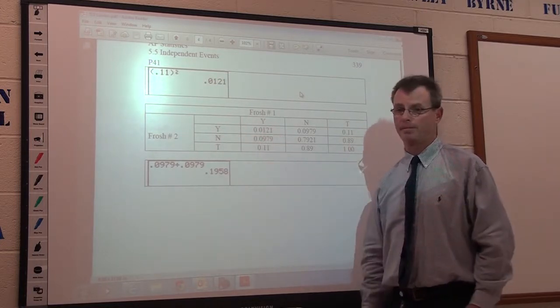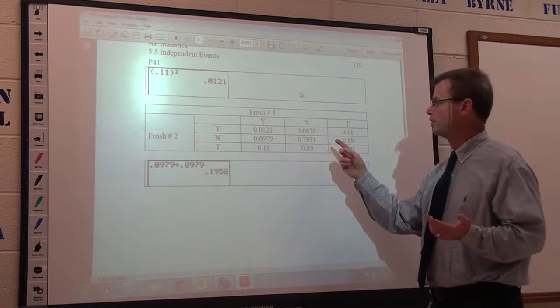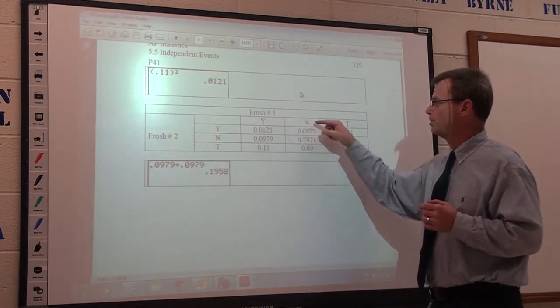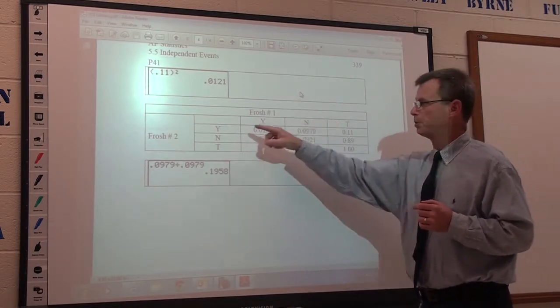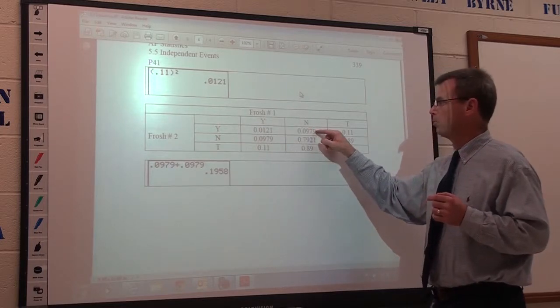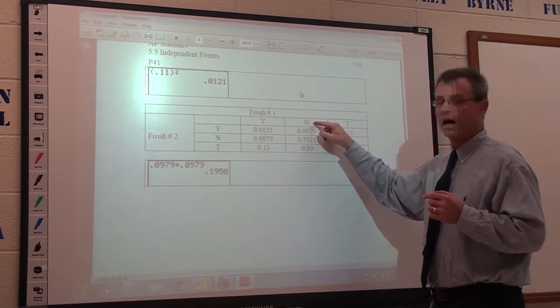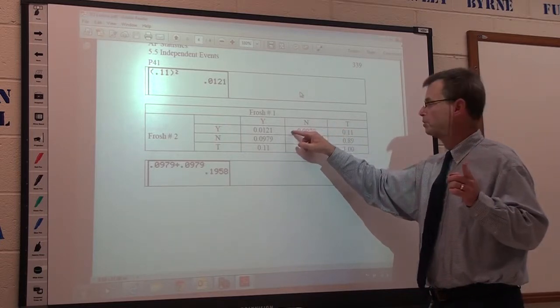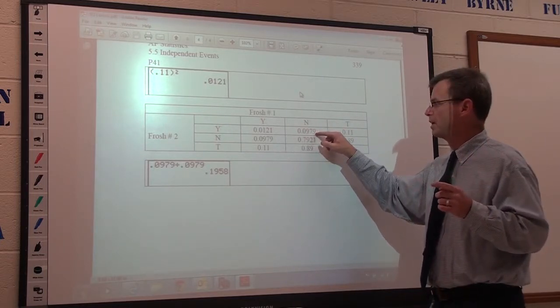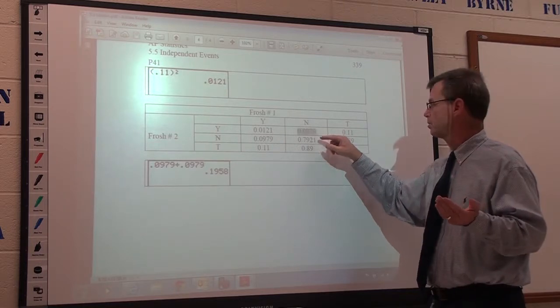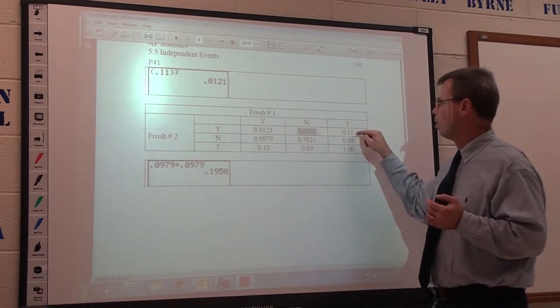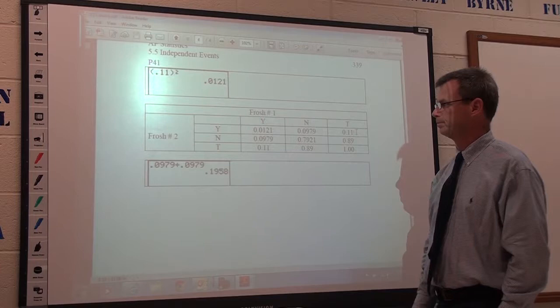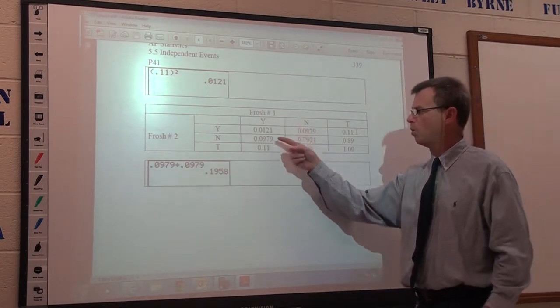As we work across, freshman number 1 is a no, freshman number 2 is a yes. That would be 89% for freshman 1 times 11% for freshman 2, which gives you 979 10,000ths. The sum of row 1 is 11%. In the same way, the sum of column 1 is 11%.